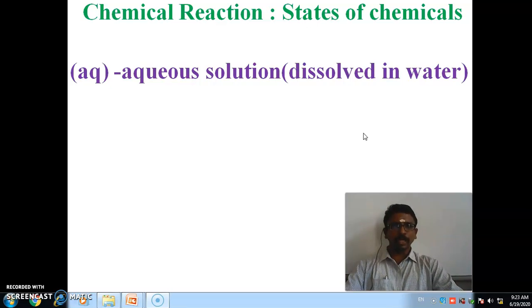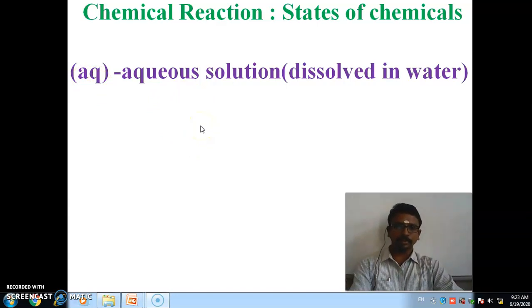If sodium chloride is dissolved in water, we have to mention Aq as a subscript near NaCl. So Aq indicates the sodium chloride is in aqueous solution.